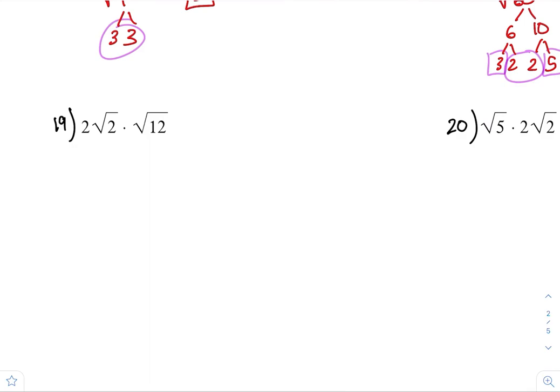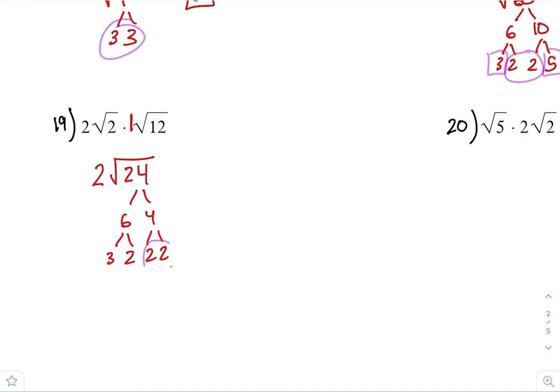Alright, so this is the first problem where you have an outside number and inside. So this is really a 1. So 2 times 1 is 2, square root, 2 times 12, 24. Factor 24, 6 and 4, 2 and 2, 3 and 2.